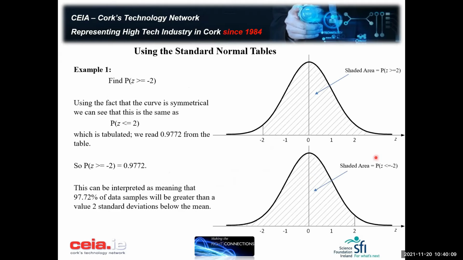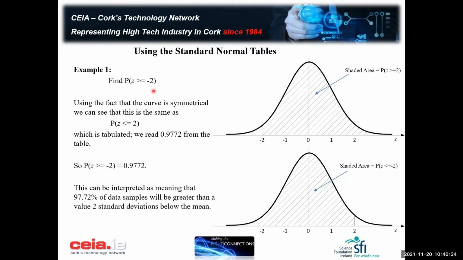So, for example, what if you need to find the probability that a particular test score is greater than -2? You'll often see it written as greater than or equal to. It actually doesn't matter in statistics whether it's greater than or greater than or equal to, because the probability of it being equal is 0.